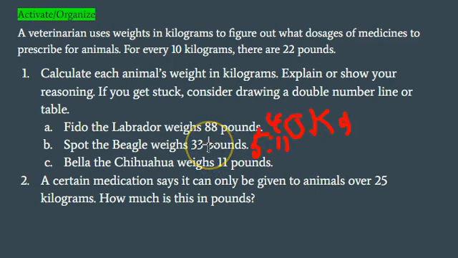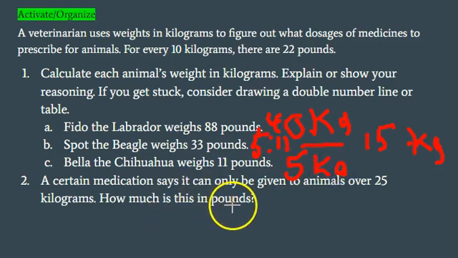And let's see, 3 times 11 makes 33, so 3 times 5 means that the beagle weighs 15 kilograms. And I think I accidentally answered part C, didn't I? Yeah, 5 kilograms, right? We can use that from right before.